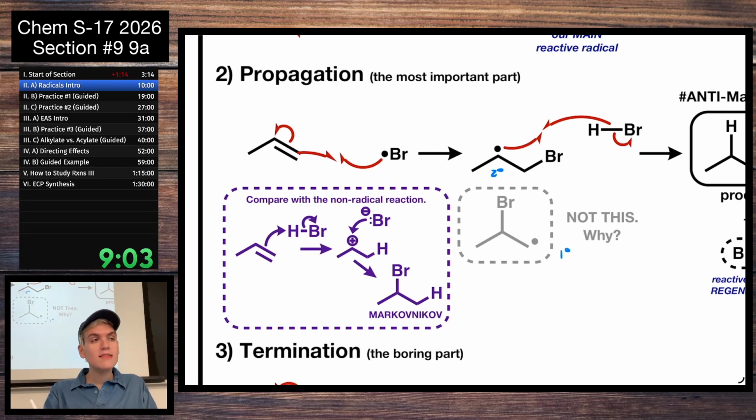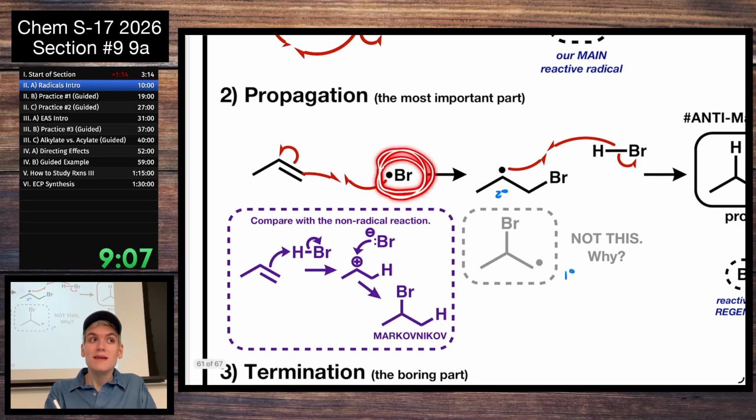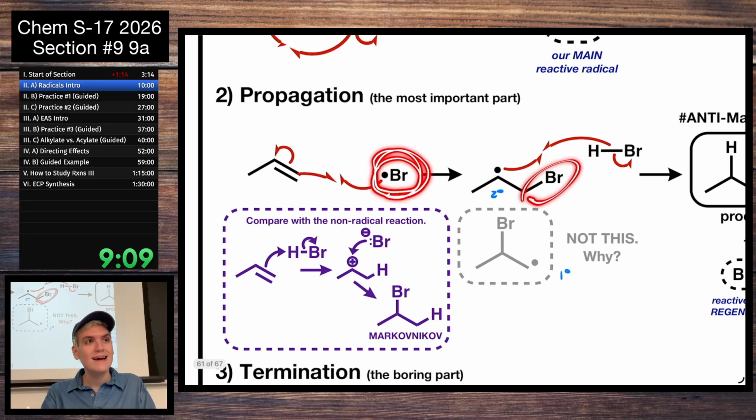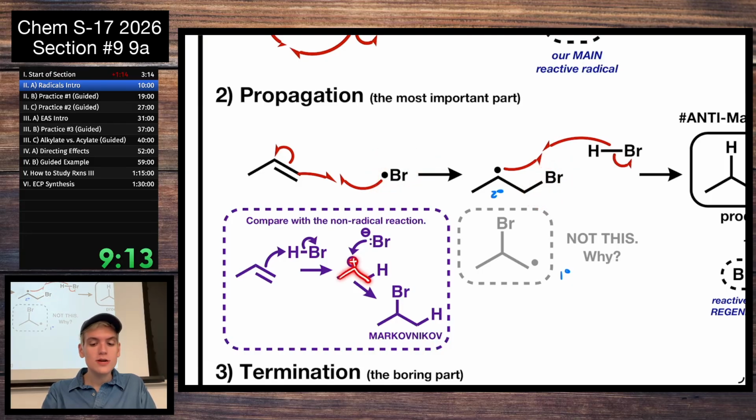Here, we still want to make the most stable radical, but the thing that we are adding first is a bromine, and that's why the bromine gets added to the less substituted side. In both cases, we are trying to make our most stable radical or carbocation, but it's just different, the thing that we add first, if we are in radical conditions or not.